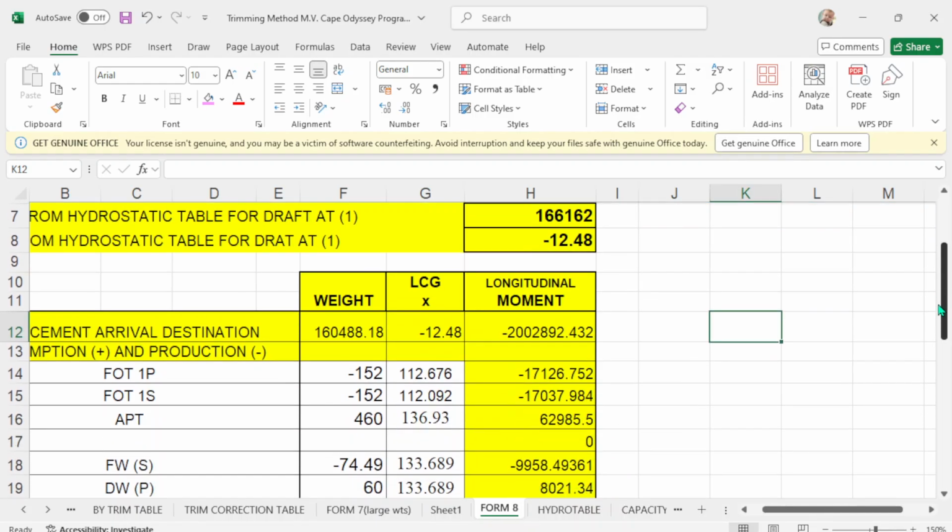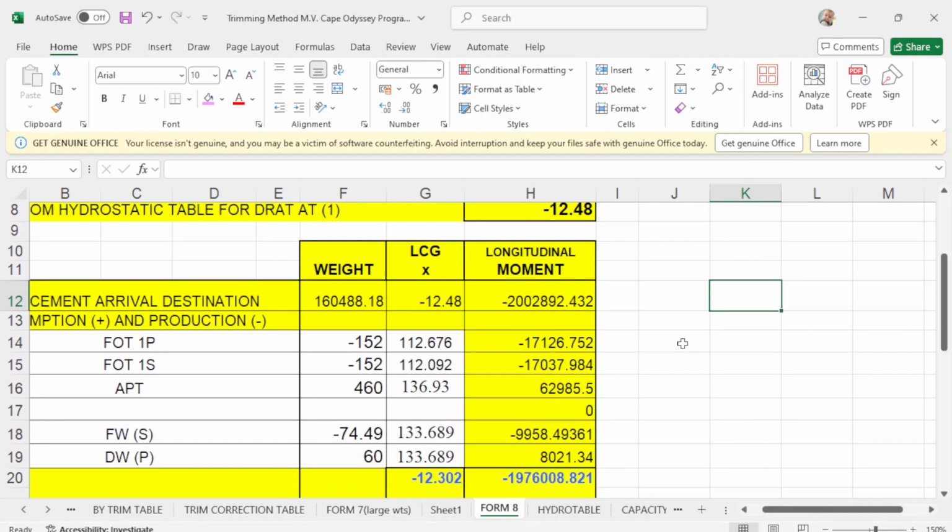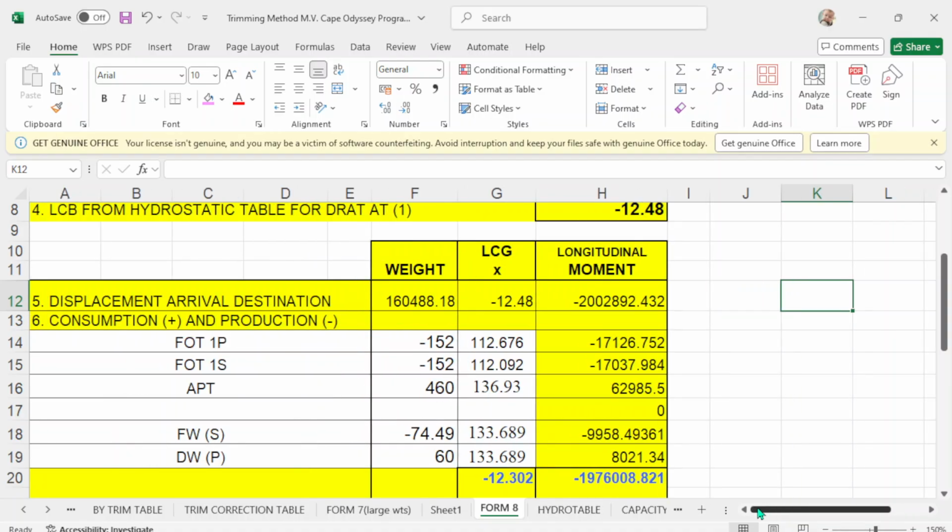Put it down. Since you are traveling from New Orleans to Panama Canal, you have a consumption of your fuel port and starboard, which is this one. It is negative because you are consuming your fuel oil.